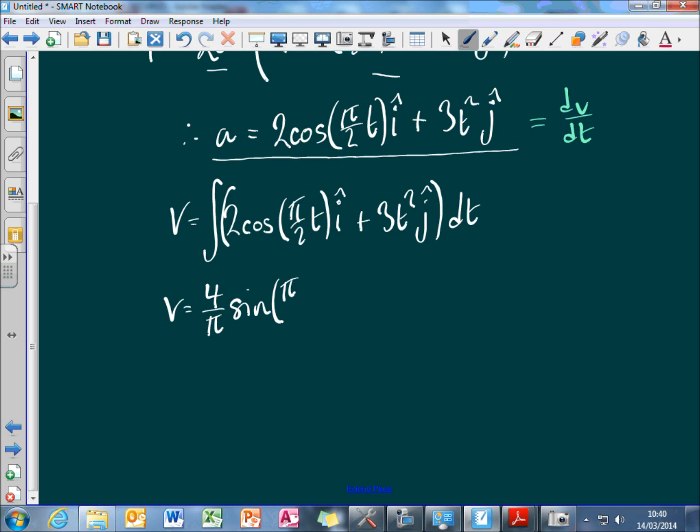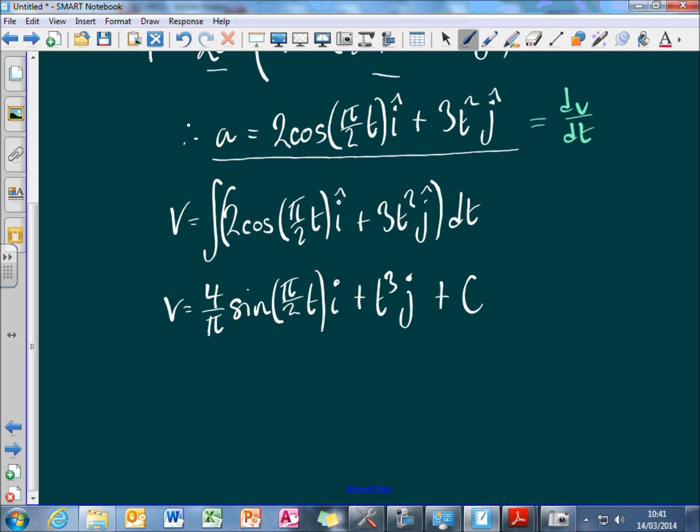And this one just goes to t cubed. And there's a constant. Now that constant is going to have an i component and a j component as well, because it's a vector.